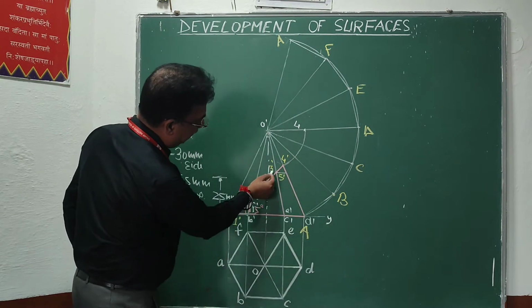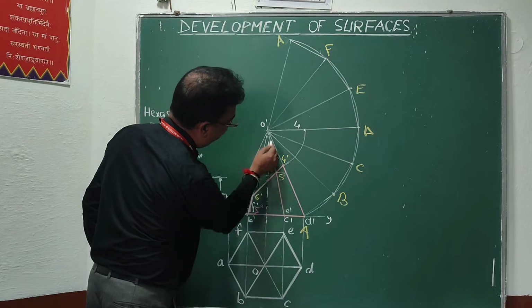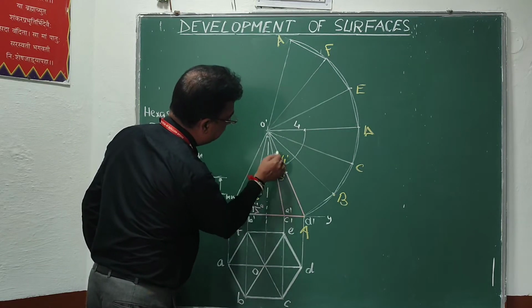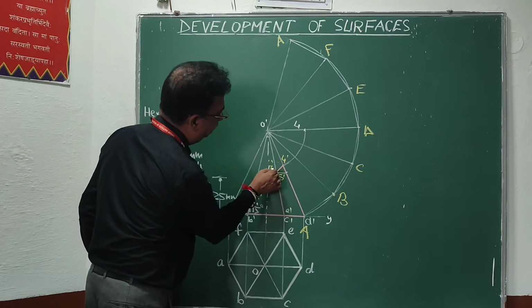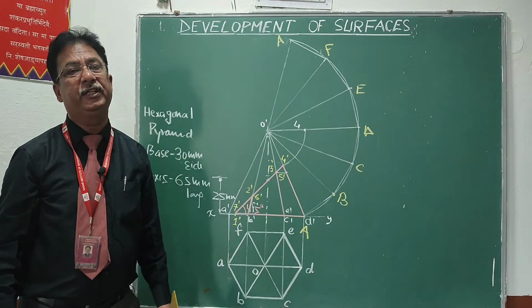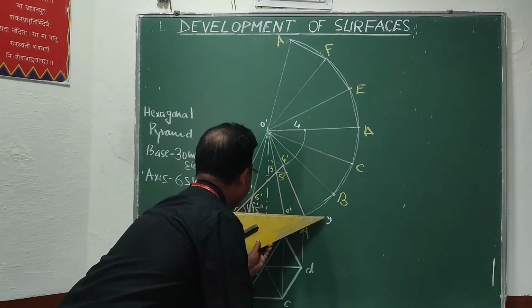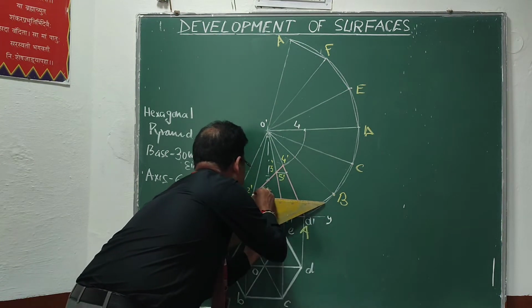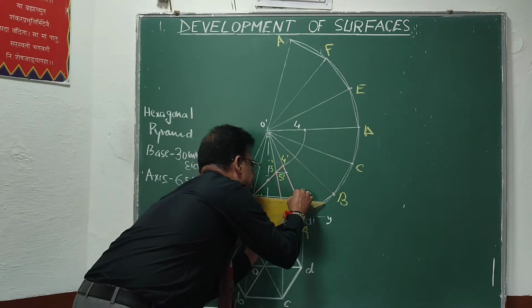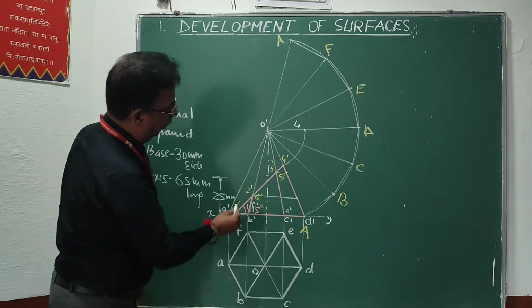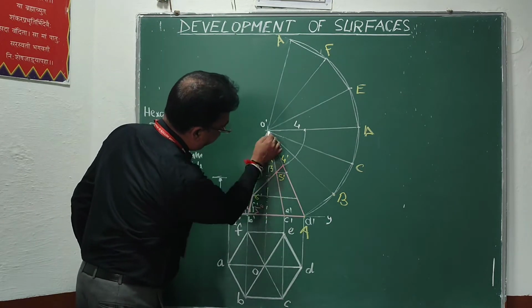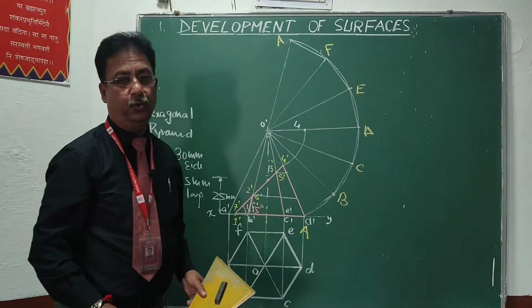From 3 dash 5 dash I have shifted to O dash D dash. Now this distance from O dash to this point will be the actual distance of O dash 3 dash and O dash 5 dash. Same way I can also transfer 2 dash and 6 dash on this line. Now this distance will be the actual distance of O2 and O6.